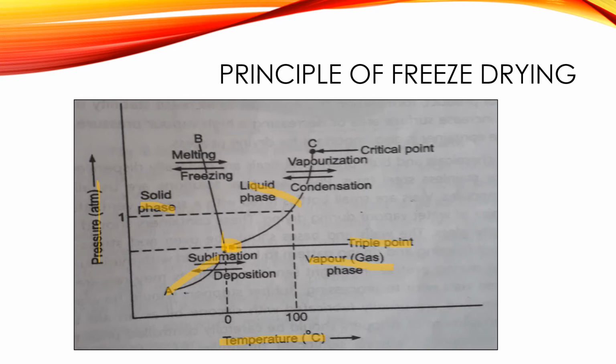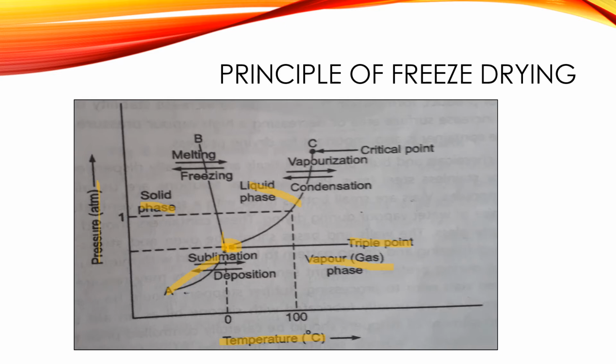Now, the component to be dried is first frozen. That means the sublimation process starts, and then it is subjected to a high vacuum and heat so that the frozen liquid sublimes to vapor form, and the concentration gradient of water vapor between the drying front and condenser is the driving force for removal of water during lyophilization.